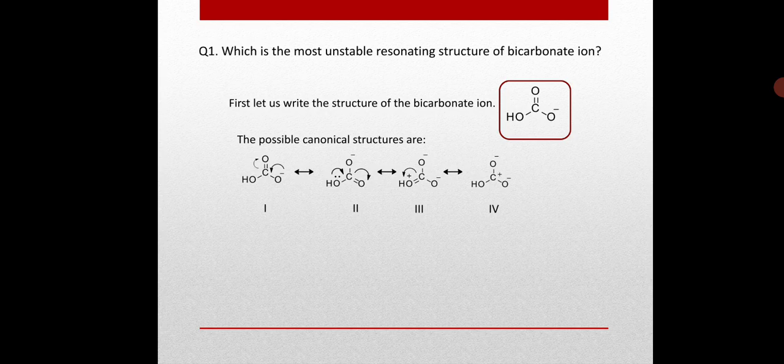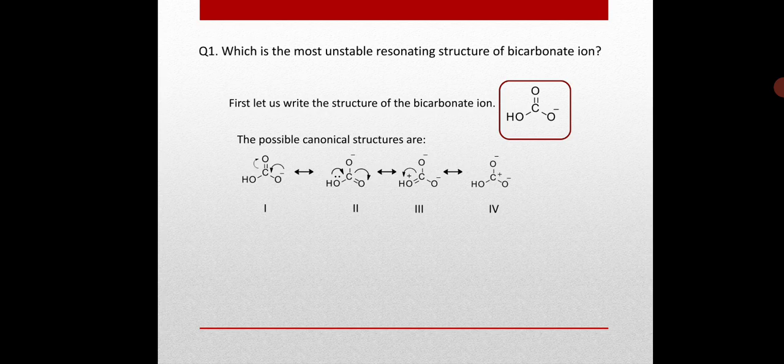Now what about 1, 2 and 3? Will they contribute equally? No. In structure 3, the electronegative oxygen atom has a positive charge, so after 4, 3 will be the next unstable structure.